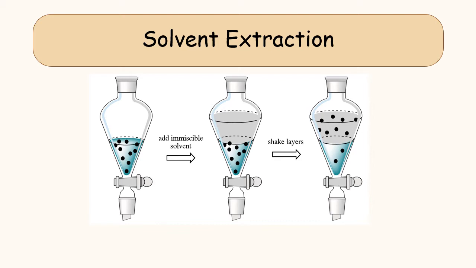It's not a perfect technique. You'll always have some compound remaining in the first layer, and we'll get on to how we deal with that later on. But we have a solution, we add a second solvent that is immiscible, we mix them, leave it to settle, and compound should have moved from one layer into the other.